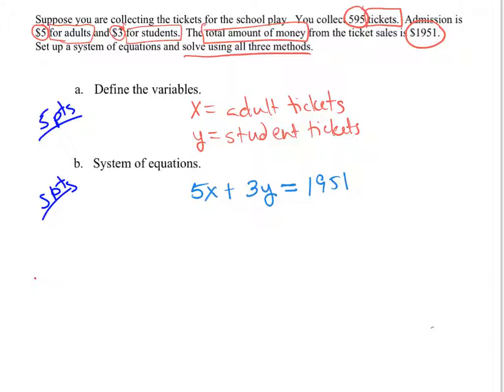So we have adult tickets in X, student tickets in Y. So we want to add those two quantities up, and we want that total to be 595. Now if you have these two things set up for tomorrow, you would have 10 out of 25 points. This is the first set of what you need to get done tomorrow. Now we need to start looking at actually solving them.